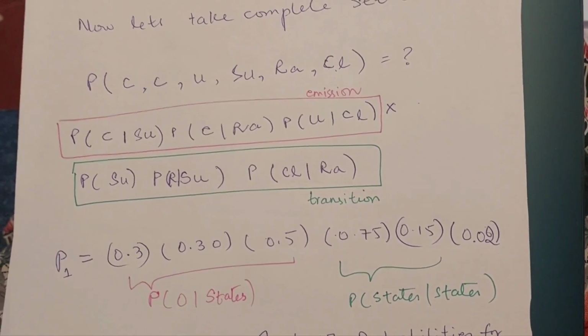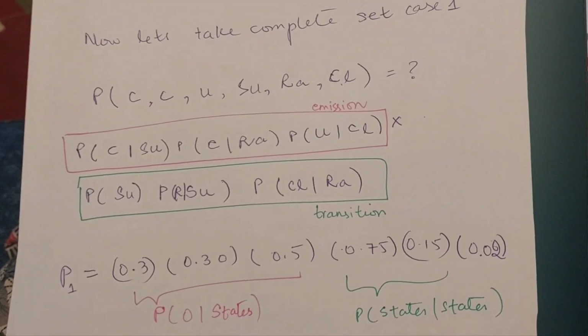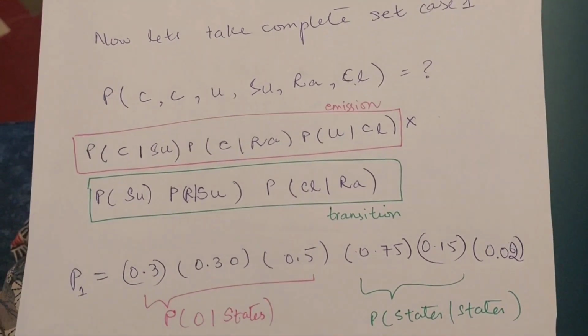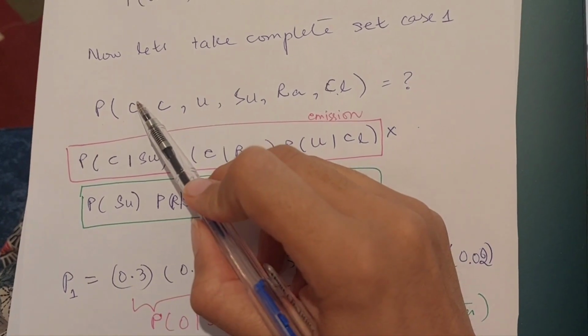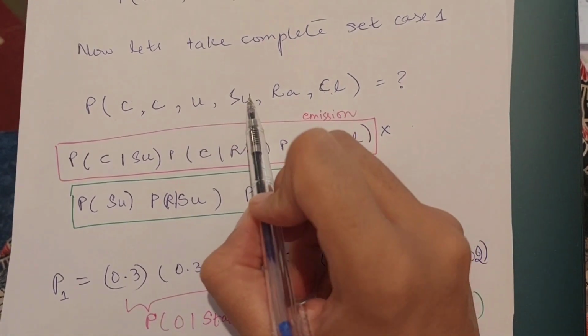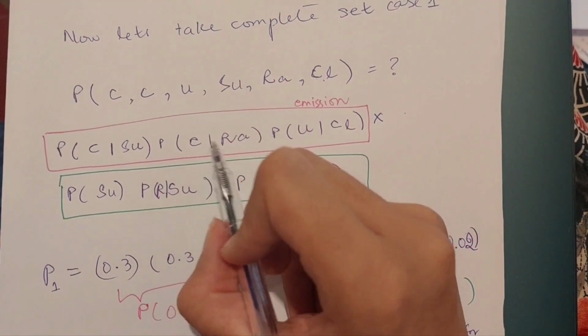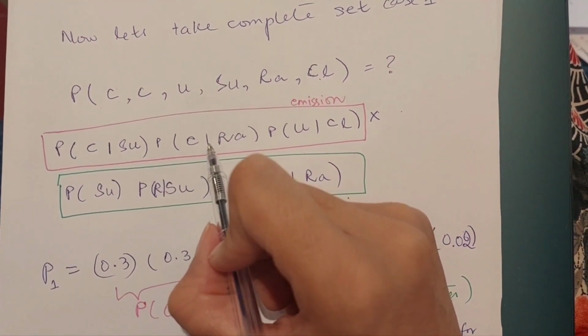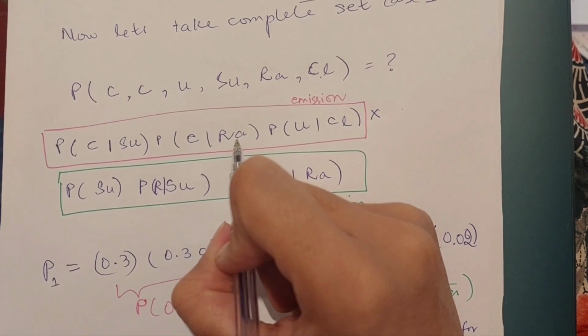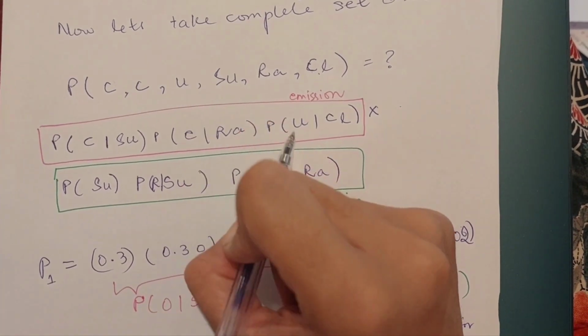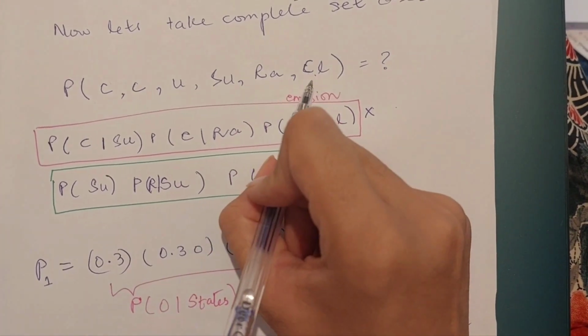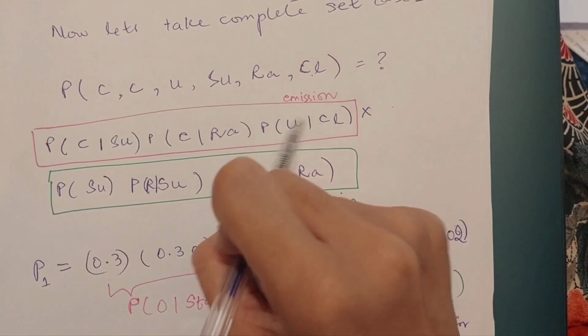For the first term, it is written as probability of coat such that the day is sunny. Then we write the probability of coat such that the day is rainy. And then the probability of umbrella such that the day is cloudy.